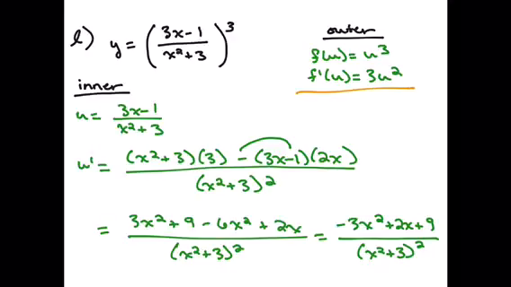So now I have the derivative of my outer function, and I have the derivative of my inner function. I need to multiply those together to get our entire derivative.